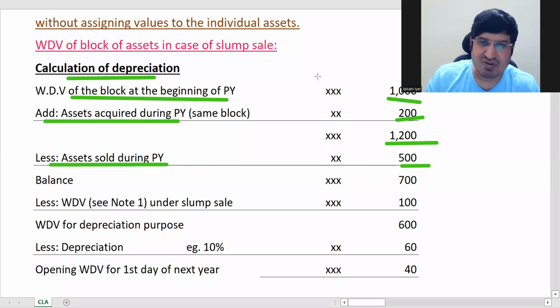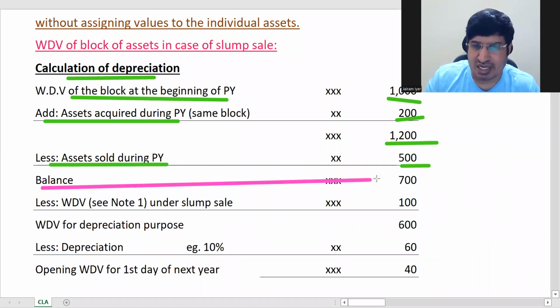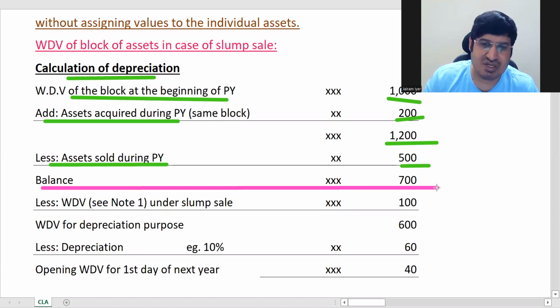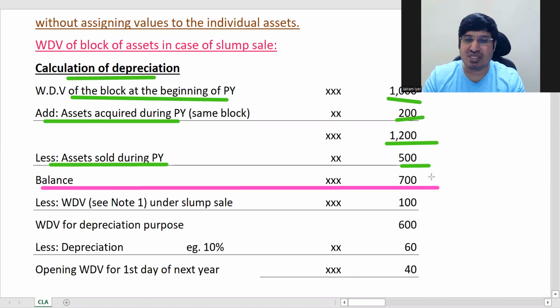Right? And then you will get the balance now, 700. Okay, so ये जो है, this is pre-depreciation amount. यहाँ पे हम for this 700 we are going to append depreciation on this 700. ठीक है, 700 के ऊपर हम depreciation लगाएंगे, right?